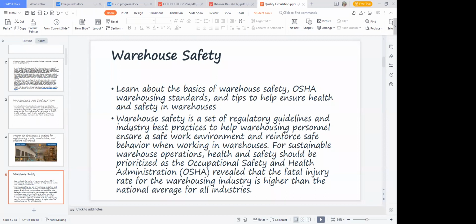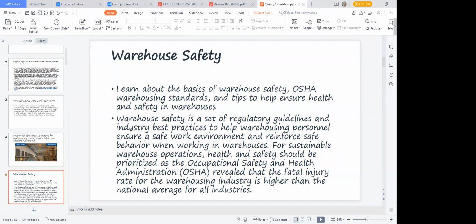It is not only the environment, but also the behavior of the operators. For sustainable warehouse operation, health and safety should be prioritized in OSHA. Sometimes in Malaysia, we have an OSHA department.